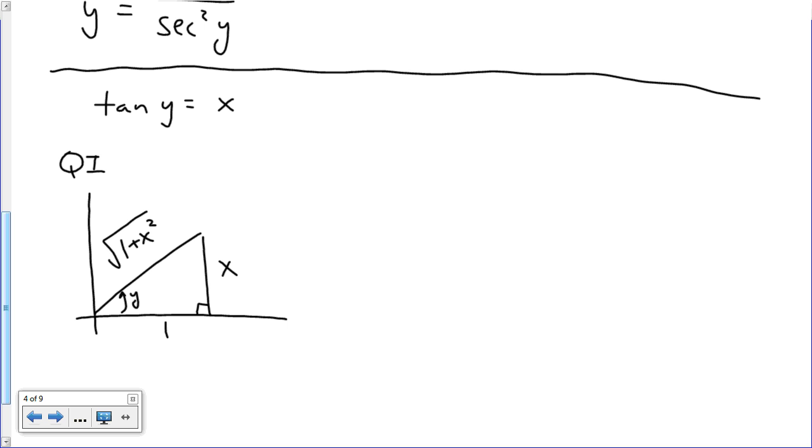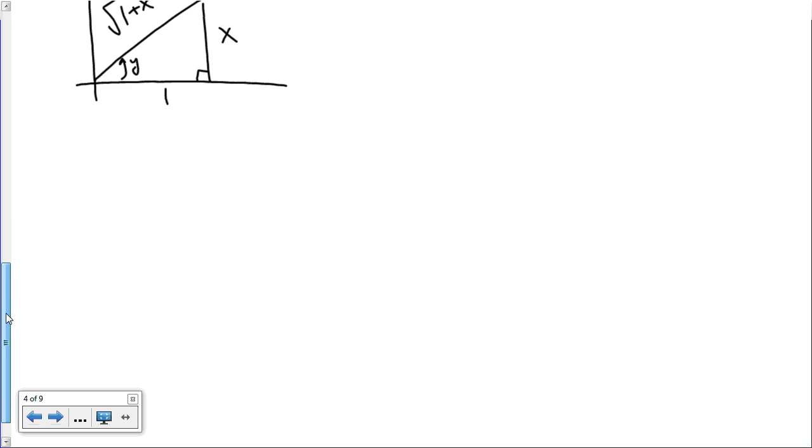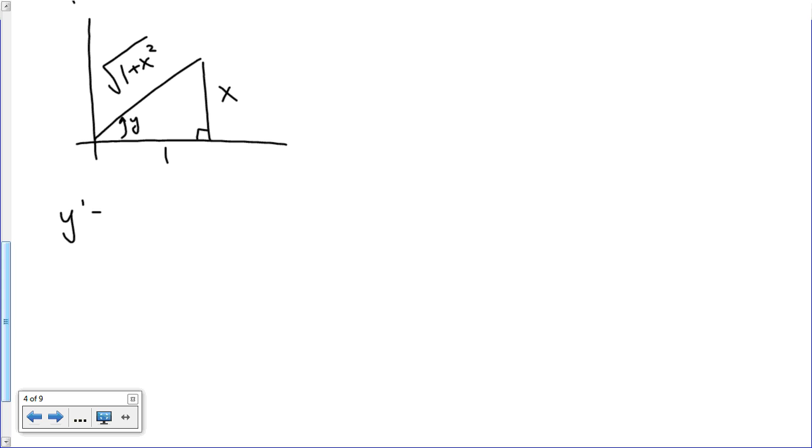And so if I go back to what I was trying to find here, I was trying to find out what y prime is equal to. And we had that y prime was equal to 1 over secant squared of y. So I really need to find out what secant of y is equal to, and I can just substitute it in here.